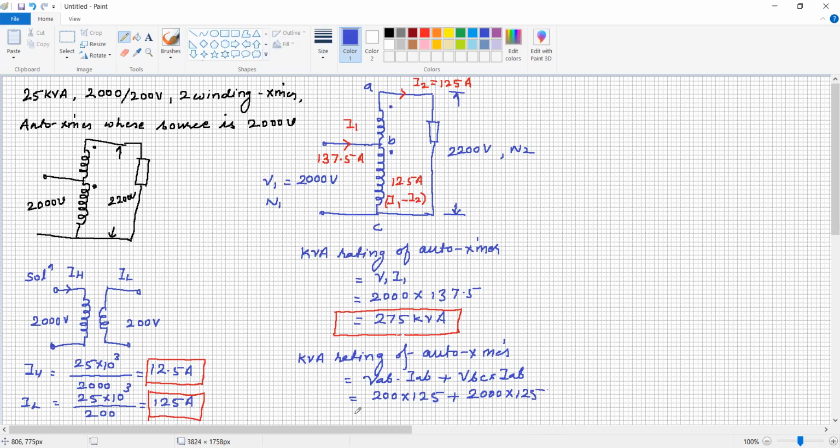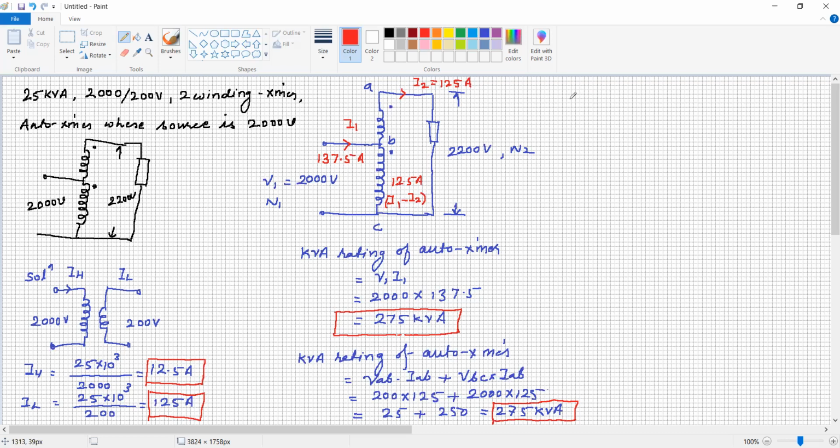Hence it is equal to 25 kVA plus 250 kVA, which is 275 kVA. So the answer is the same. The kVA can be calculated from the input or output current and voltage, or by this relation.